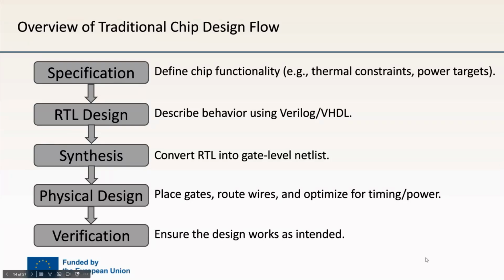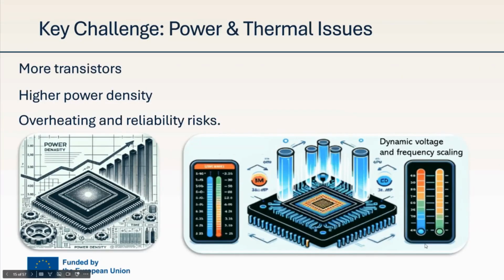While this flow is effective, it faces growing challenges as performance demands increase. The increasing number of transistors in modern chips leads to higher power consumption and heat generation. With more transistors packed into a small area, power density increases, creating localized hotspots that are difficult to cool effectively.